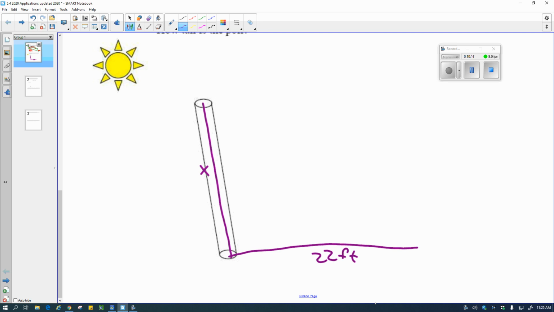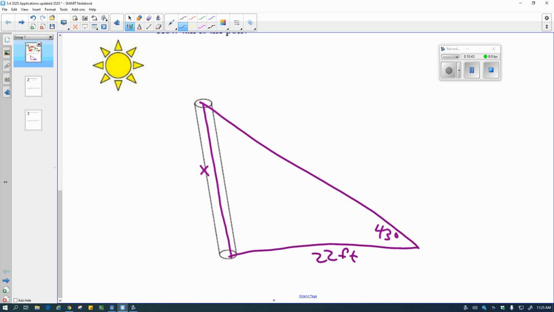And that shadow has an angle of elevation up to the top of the pole. So that angle of elevation, if the shadow had eyes, how many degrees would it have to look up in order to see the top of the pole? And that would be the 43 degrees. 43, was it? Am I remembering right? Okay. Yep, 43 degrees.